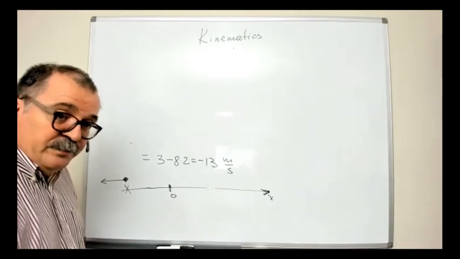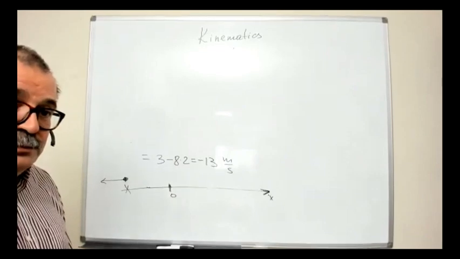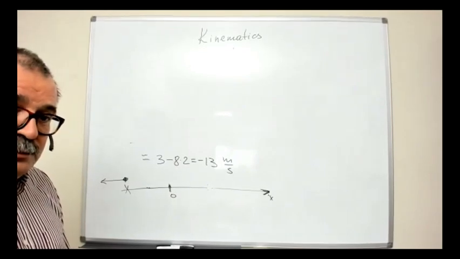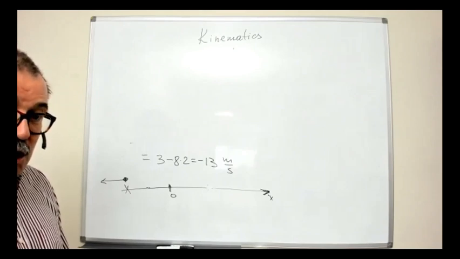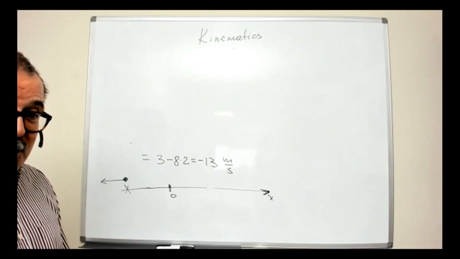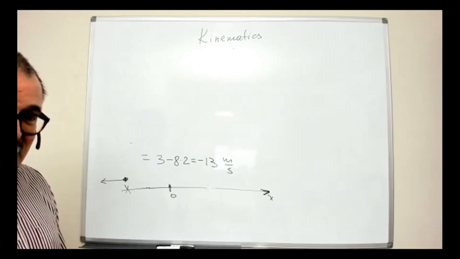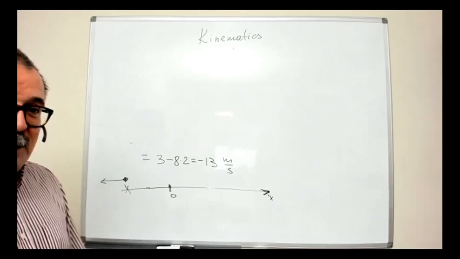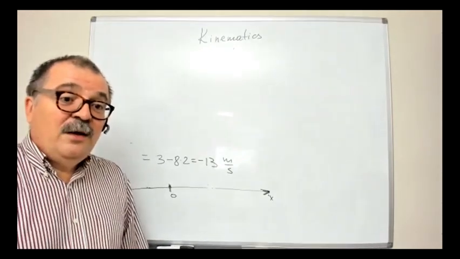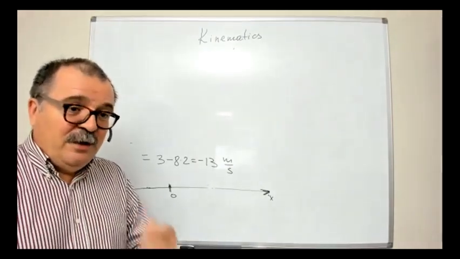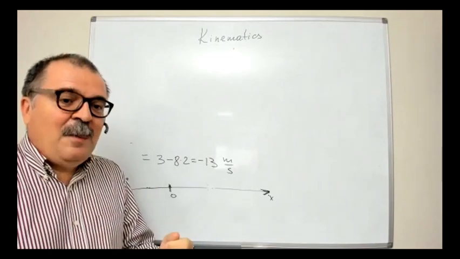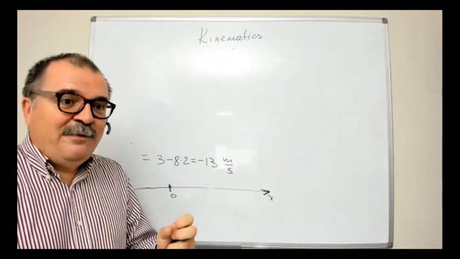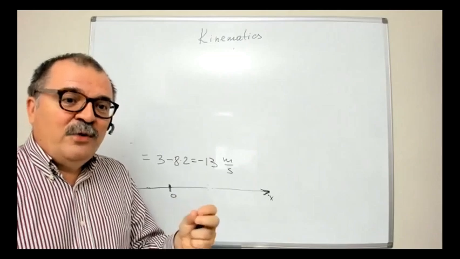Professor, I'm sorry to interrupt, but if it wasn't velocity but acceleration, if it was negative, then it would have decreased the speed, so it would slow down, right? Yeah. So acceleration is another property which also can be positive or negative, and its relation to the velocity is not so obvious.